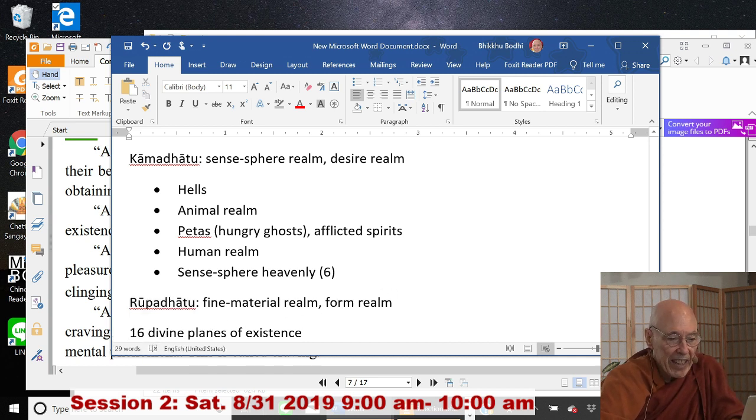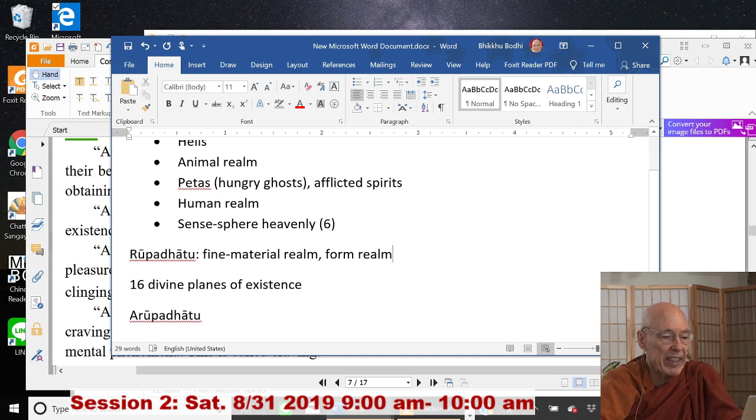And so those states of consciousness generated in the jhanic attainment create the kind of karma that leads to rebirth in the fine material realm. And so a person who attains and masters a particular jhana will be reborn in one of these divine planes of existence corresponding to the level of their jhanic attainment.